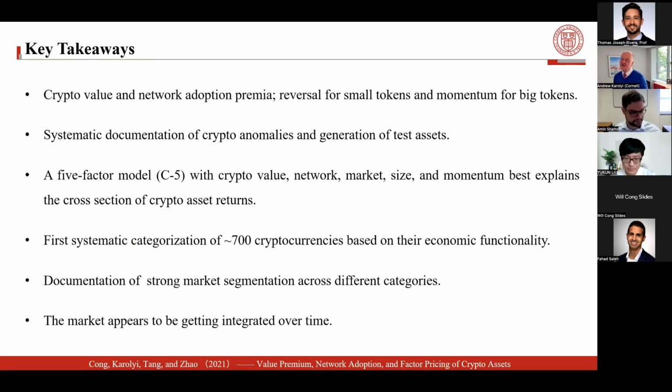And then we give you some way of thinking about the economic functionality of these tokens, thanks to Tsong and Xiao, that seems to have some legs in terms of how it shows itself in the actual pricing and the actual returns. There's evidence of strong segmentation. No prior paper has documented this. And then for the whiz-bang finale, there's evidence that this is evolving over time. There may be some evidence here of greater integration over time. So I will stop there. I probably went over.